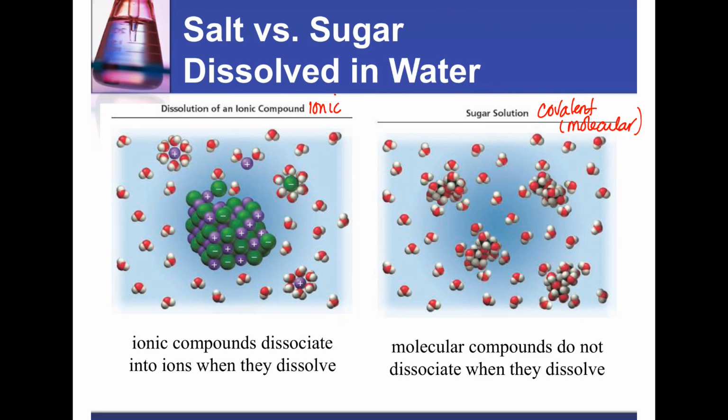What's happening in this picture is like we dropped a sugar crystal into some water. The waters were able to dissolve the crystal. They were able to pull apart parts of the crystal, but when they pulled the crystal apart, they pulled it as whole molecules. So they pulled whole sucrose molecules here.